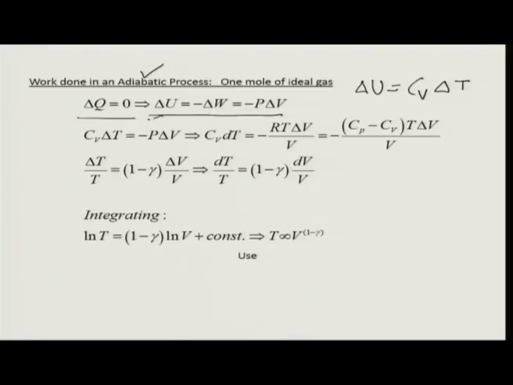That is what I have replaced here. Remember, the expression for internal energy is Cv T plus a constant. This constant never matters, because I will always talk in terms of differences in internal energy.